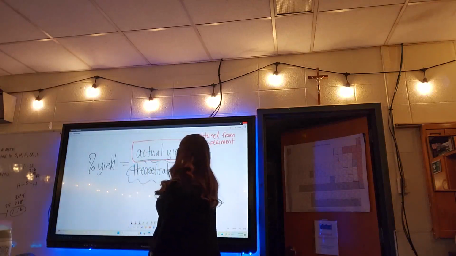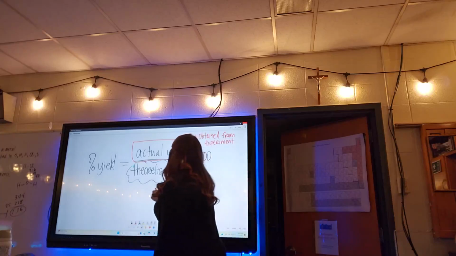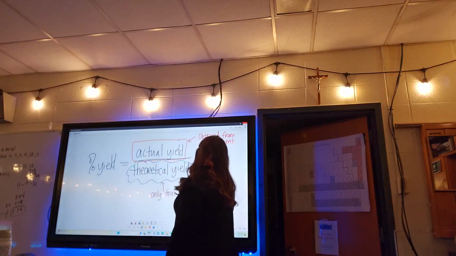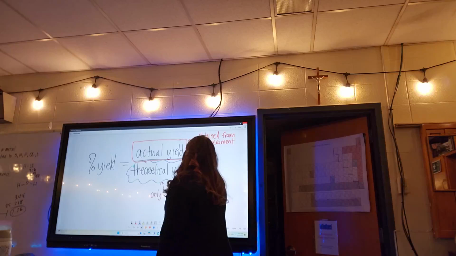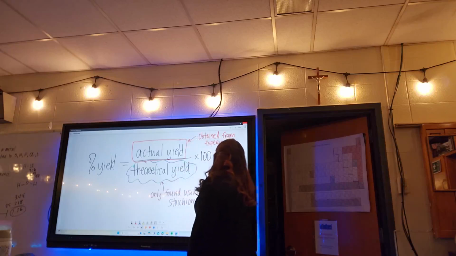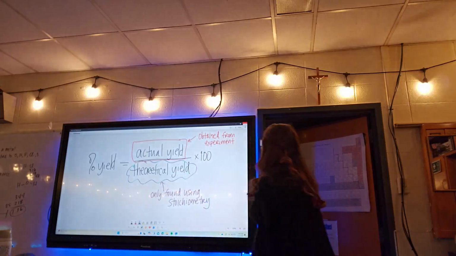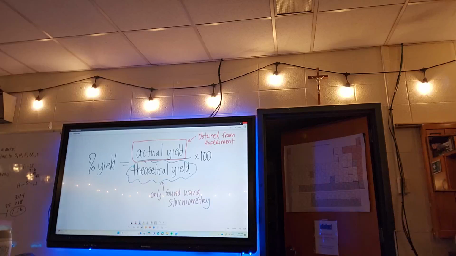The theoretical yield can only be found using stoichiometry. I'm not going to ask you to calculate using stoichiometry any of the values for the percent yield calculations on your next homework.